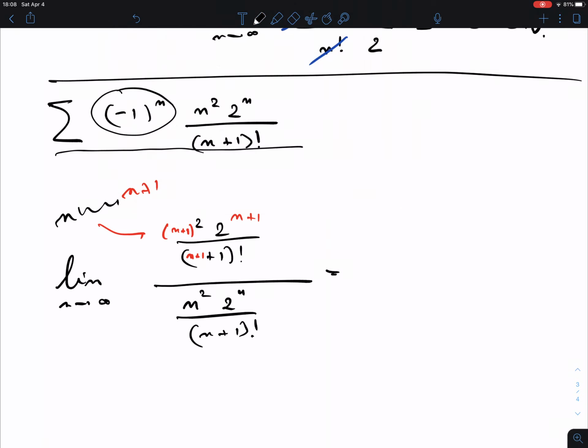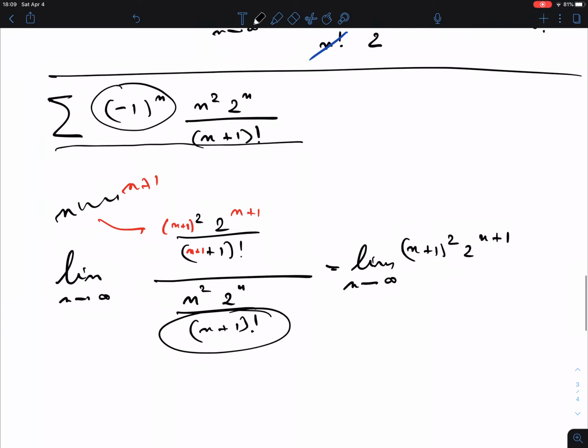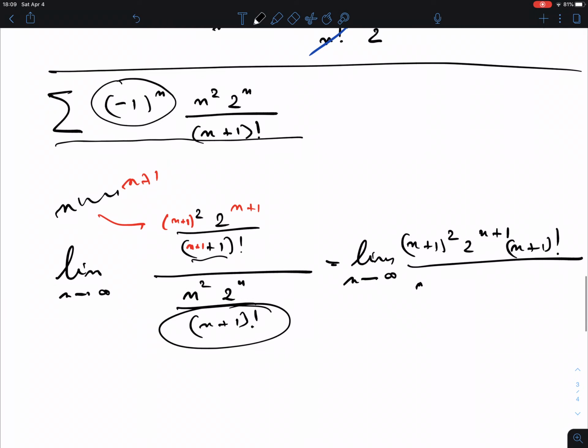So what we have is the limit for n going to infinity. On top we have an n plus 1 squared. We have a 2 to the power n plus 1. Also this guy will come on top, n plus 1 factorial. And in the bottom we have, well, this as we said was n plus 2 factorial, correct? And then we had these two guys also in the bottom, so the 2n and the n factorial. Oh, right, no, sorry, yes, n squared.